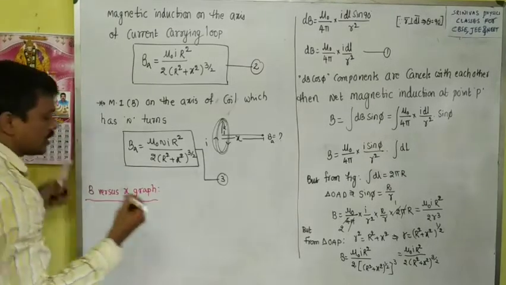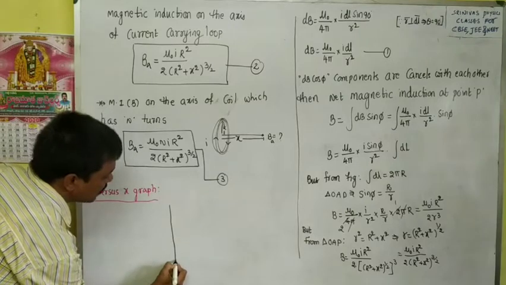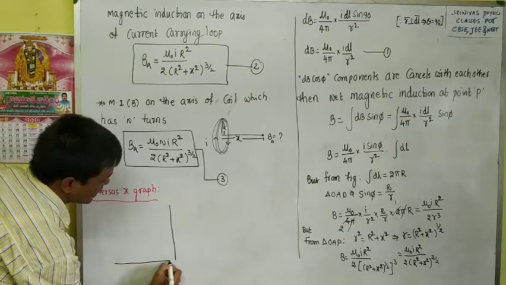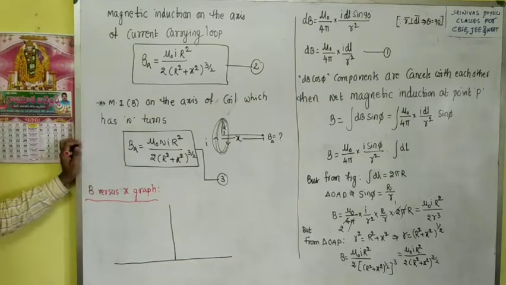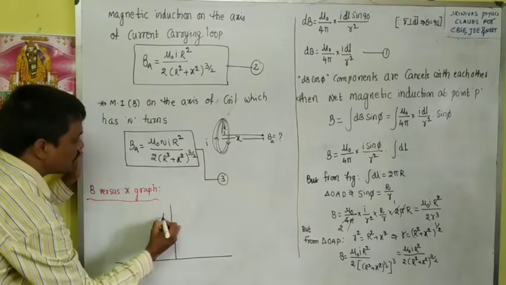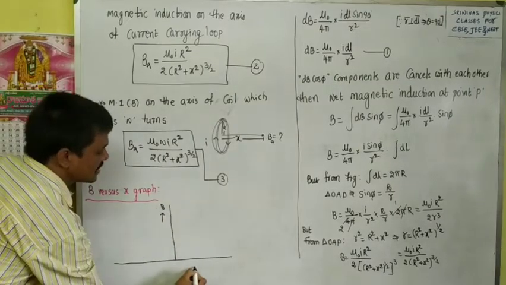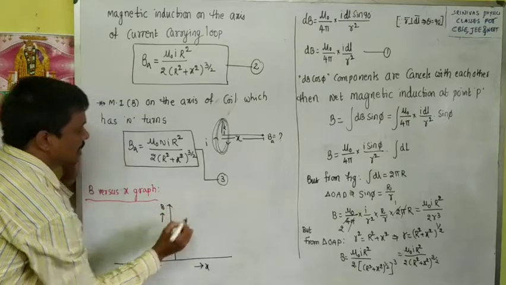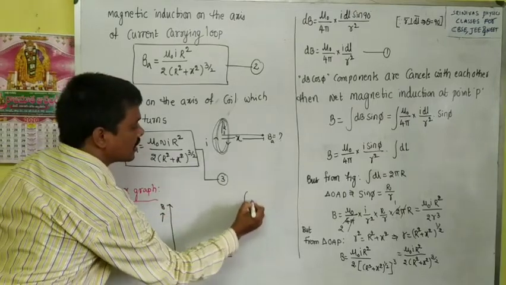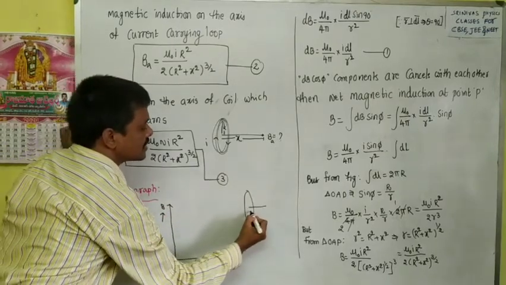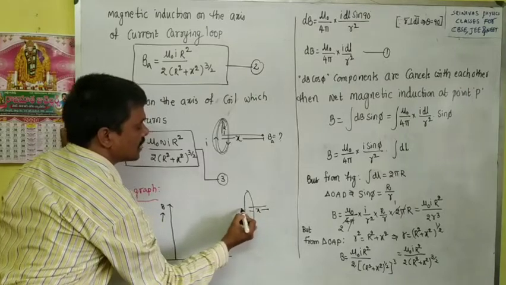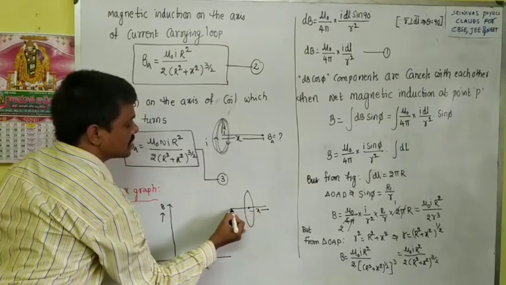I am taking B on the y axis and X on the x axis. Let us consider this is a coil or loop, and on this side you take X, and on this side also you take X.